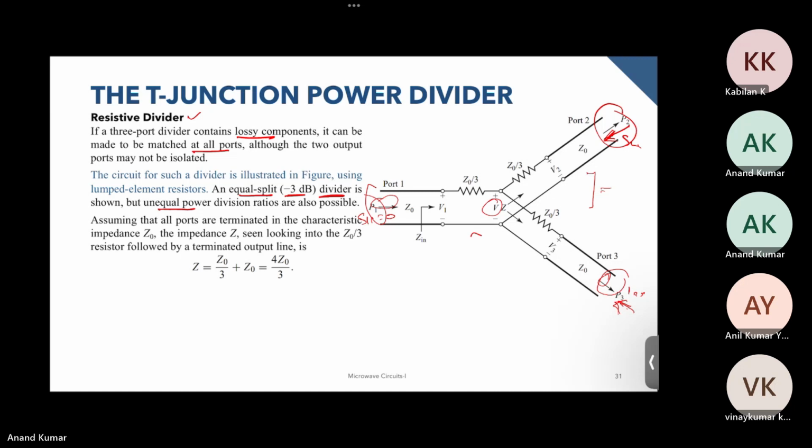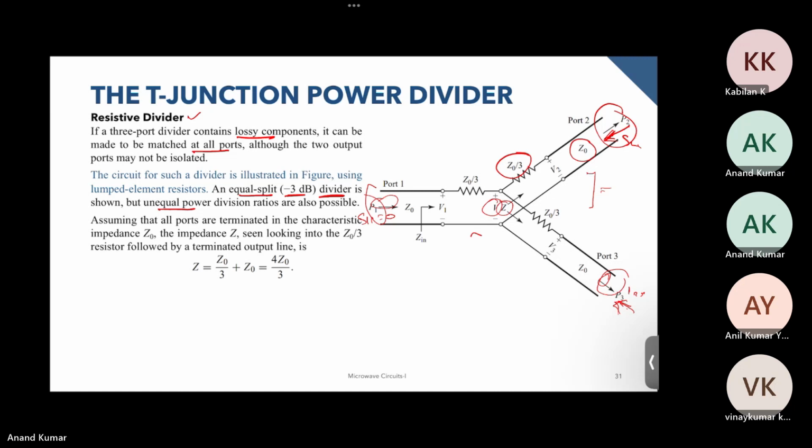For this particular resistive power divider, what we see over here is this particular Z. If we calculate, we have this Z naught by 3 resistor over here and Z naught, the characteristic impedance of this transmission line.